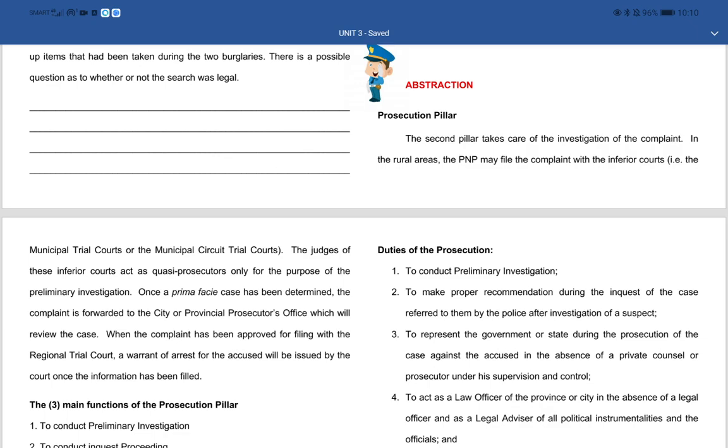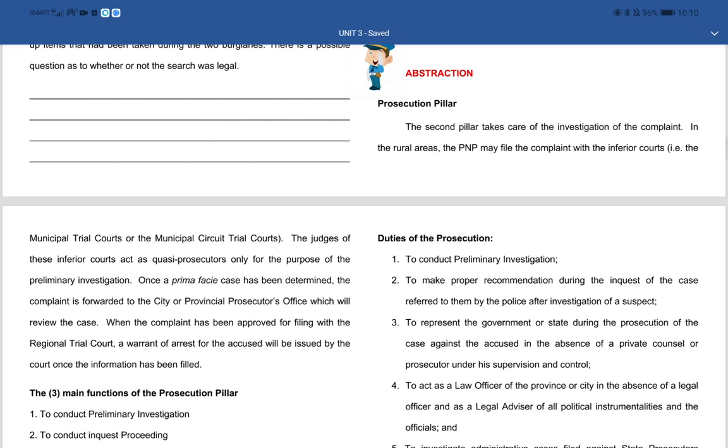So what would be the function of the prosecution pillar? Before that, we are going to talk about the different courts in the Philippines. We have the RTC, the MTC, the MCTC, the Court of Appeals, and the Supreme Court.